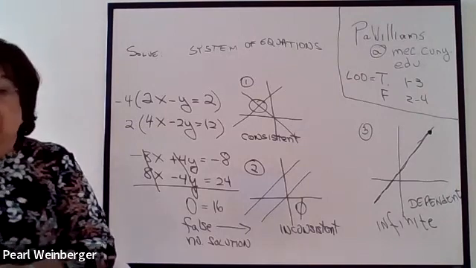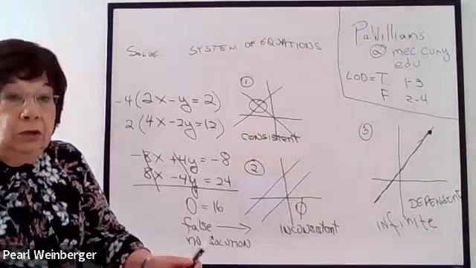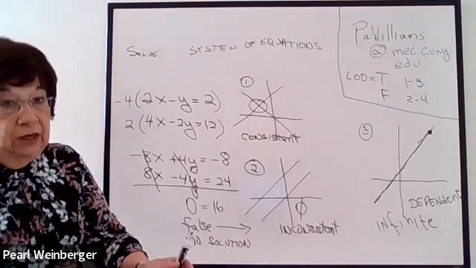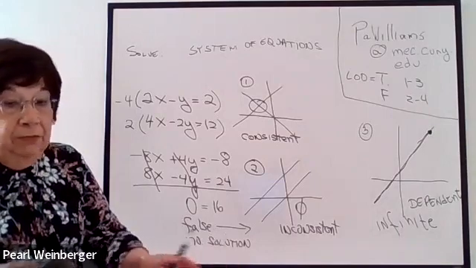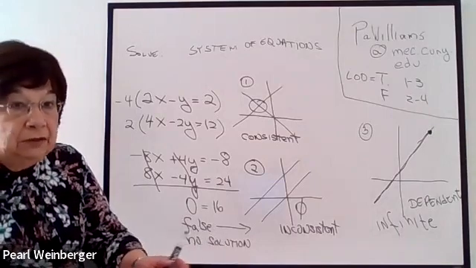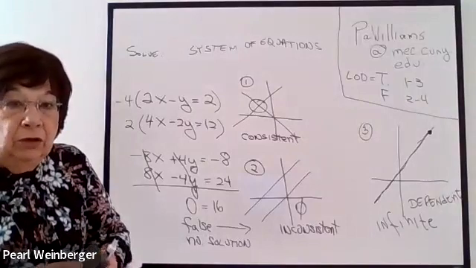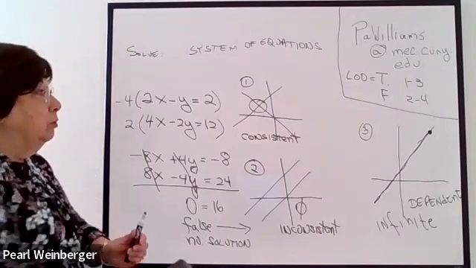When you're doing a system of equations, unless you're told to do it by graphing, you have your choice of using either one of these. I will never specify you have to do it with the addition method, though you may see it on homework because they want you to practice that, but on a test, either method that you use is perfectly all right.